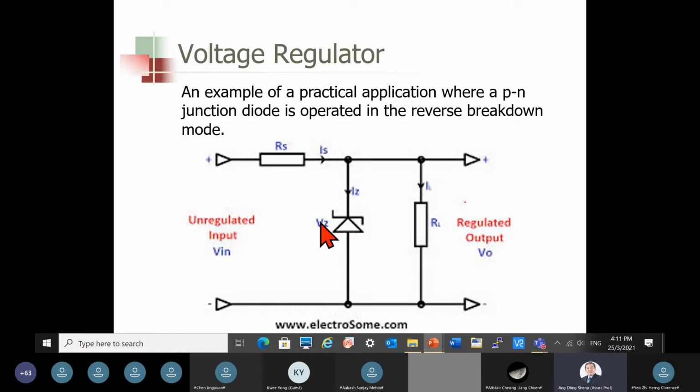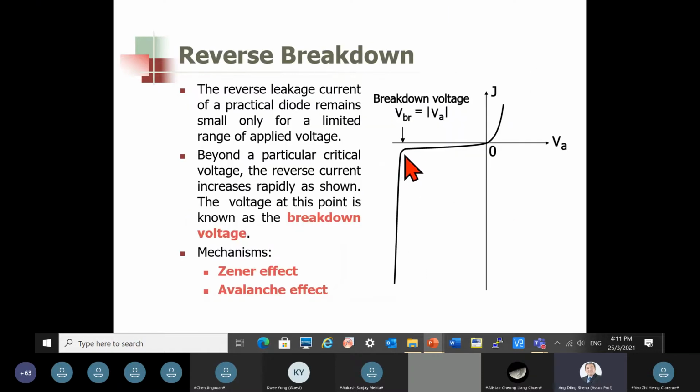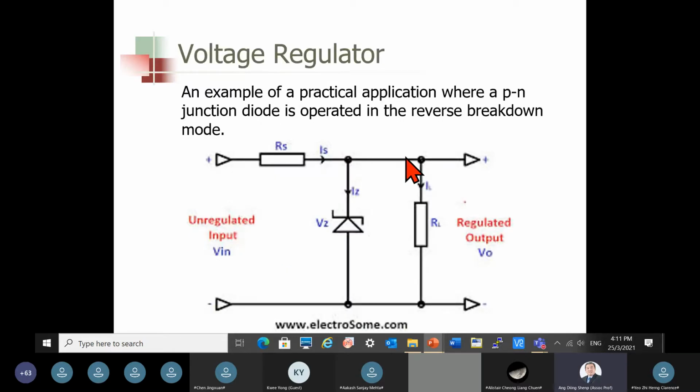The reason is that when the diode is operated under breakdown, a large current can flow through the diode for a practically constant voltage across the diode. Due to this behavior, the voltage across the load, which is also the breakdown voltage across the diode, can be kept to a constant value.